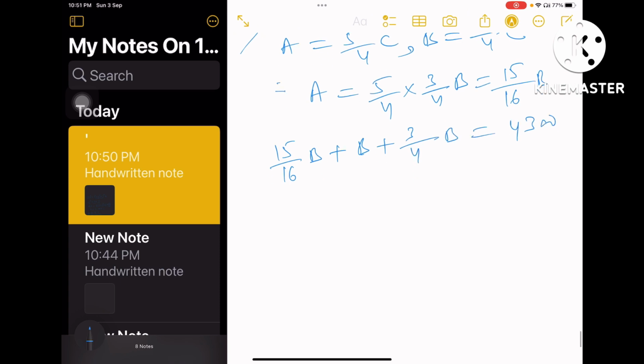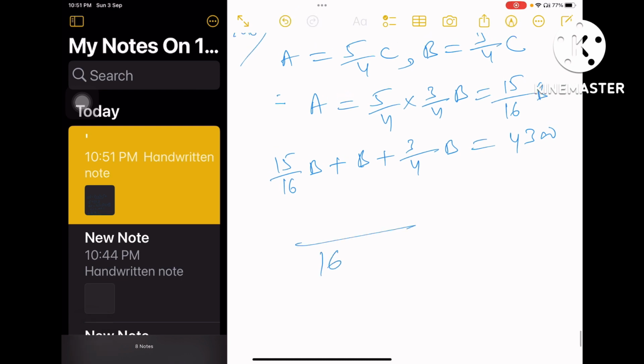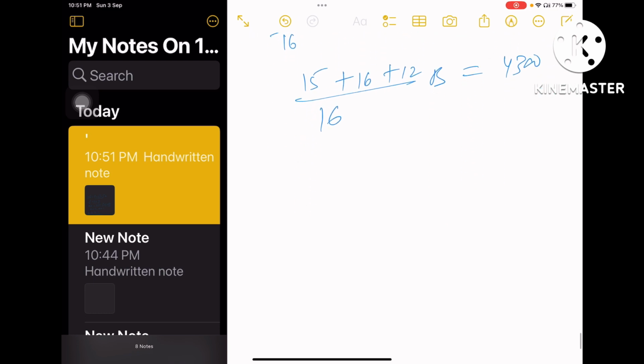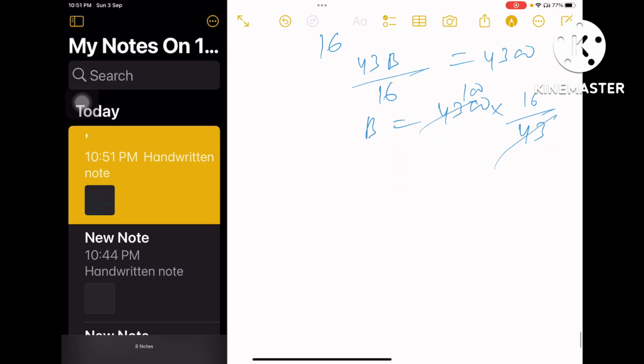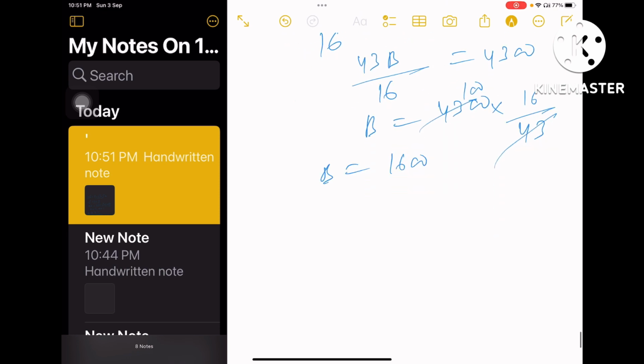Now we take LCM, that is 16. 15 plus 16 plus, 3 4s are 12. 15 plus 16 is 31, 31 plus 12 is 43. 43B divided by 16 is equal to 4300. B is equal to 4300 into 16 by 43. So it becomes 100, B is equal to 1600.